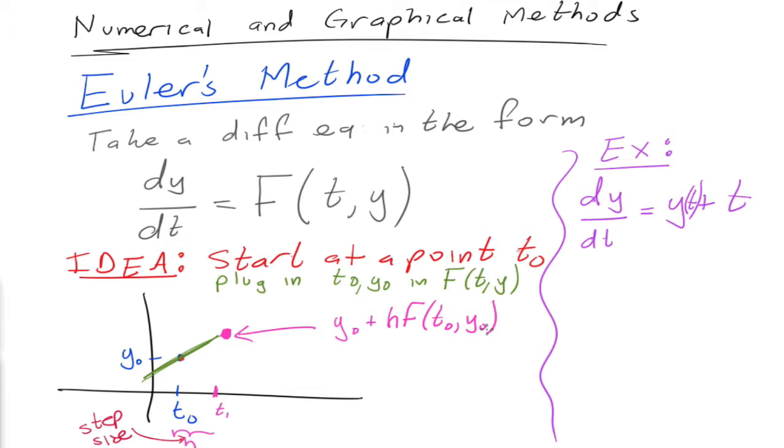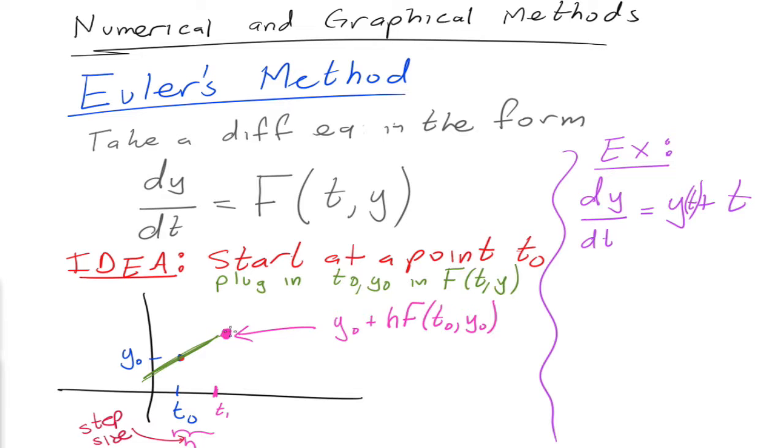And I can always find the derivatives because the differential equation gives them to me. This is basically an equation telling you all the derivatives you want. You can ask it for any derivative and it'll give it to you. So this gives me the next one.